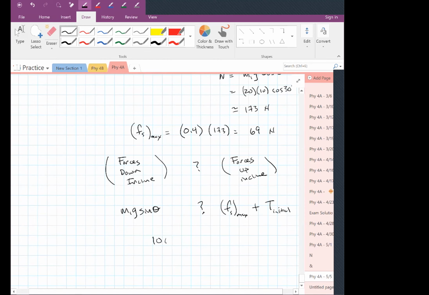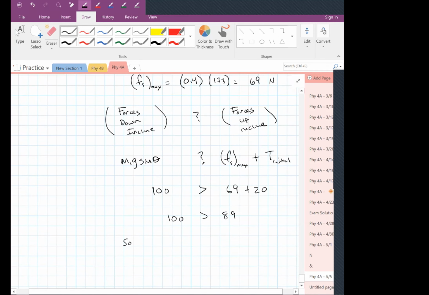So 100 is greater than 69 plus 20, 89, right? 100 is greater than 89. So it slides down the incline. That means we are in kinetic friction mode.